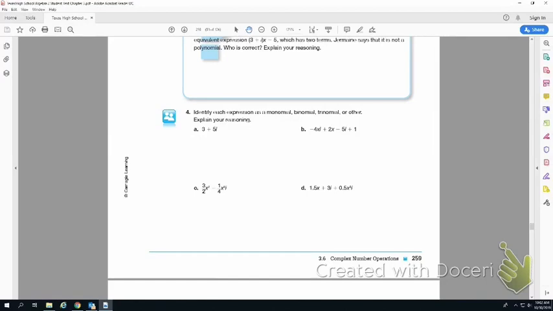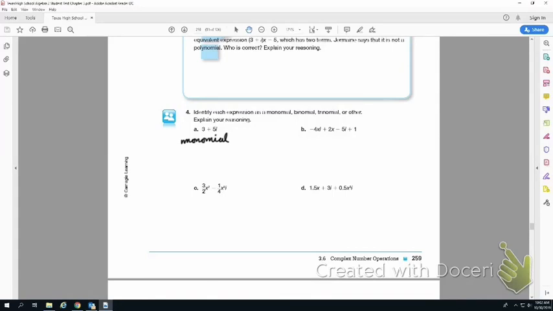So is this a monomial or a binomial? It's a monomial because they're all numbers. Okay? And really what you're kind of looking for is how many different kinds of terms do you have? Those are both numbers. Alright?